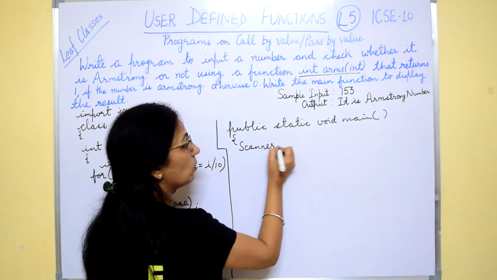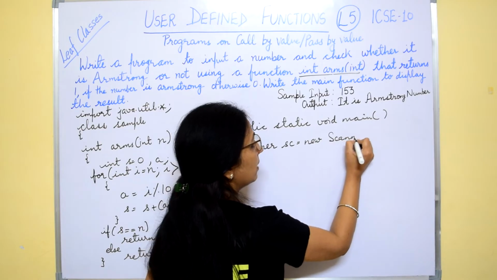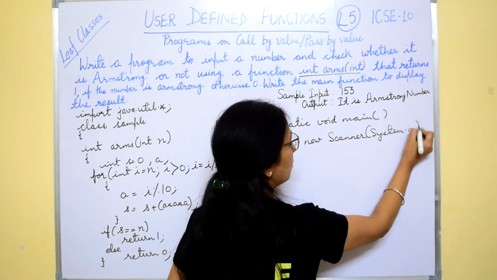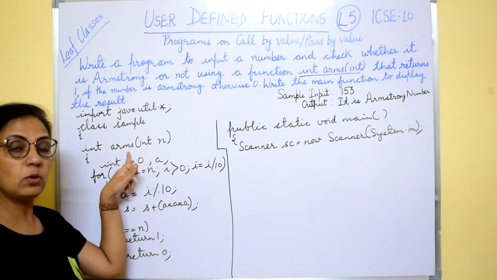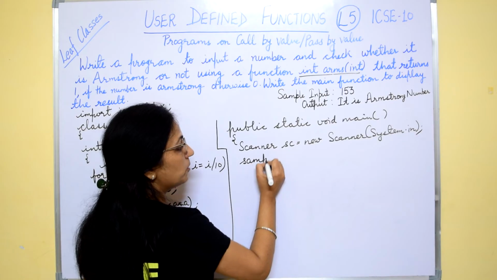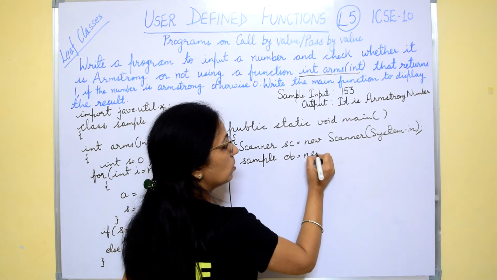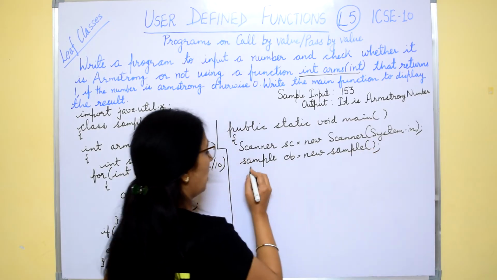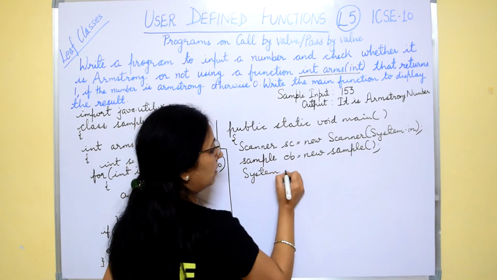Scanner sc equals new Scanner(System.in), and we have to create one more object for this class so we can use the function arms. So we will be creating the object for class Sample also. Sample ob equals new Sample().